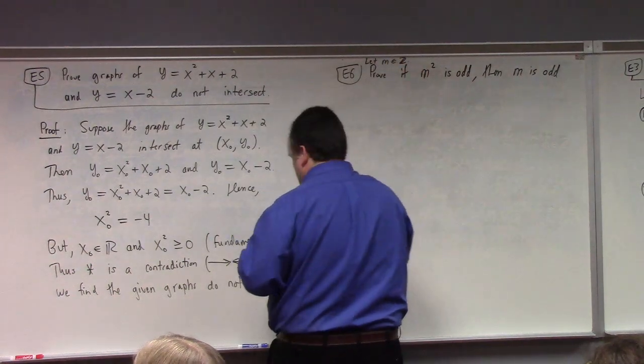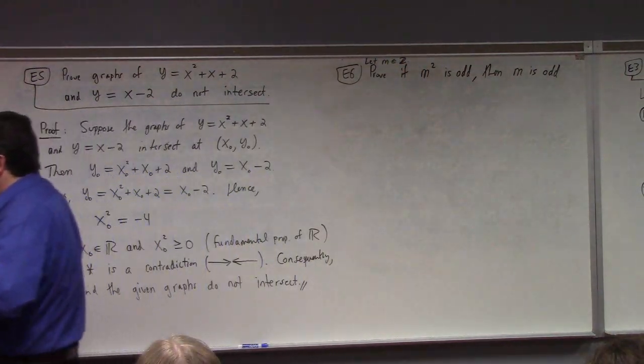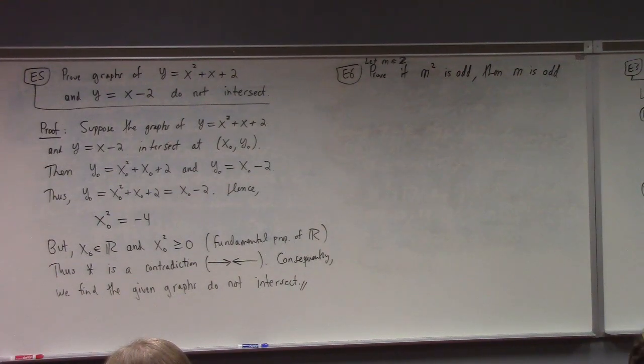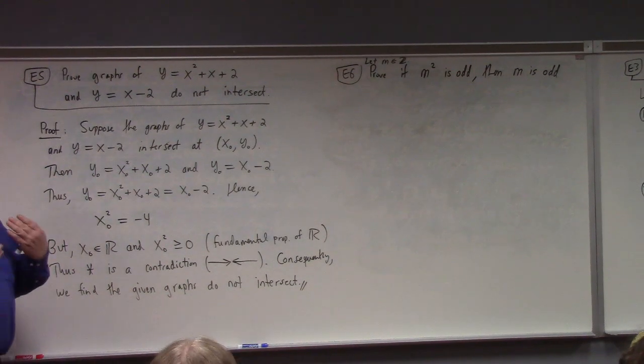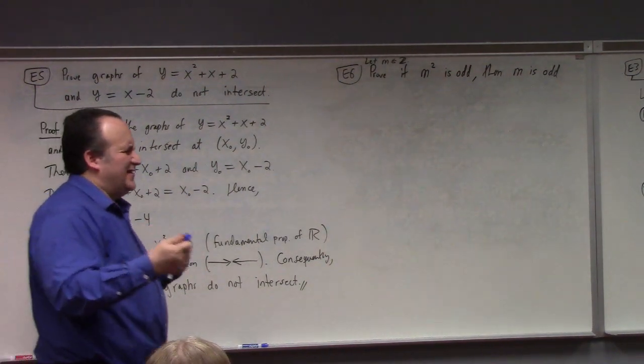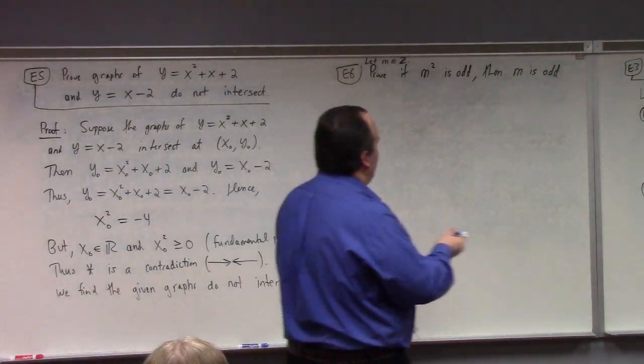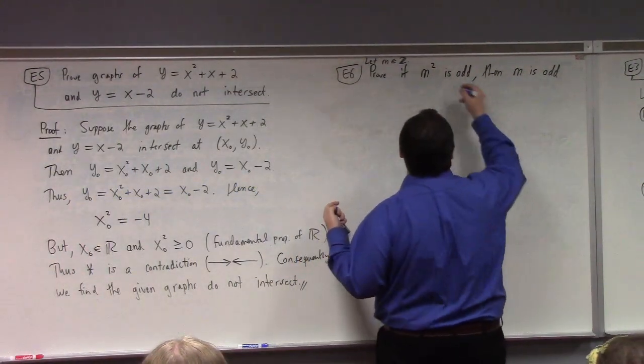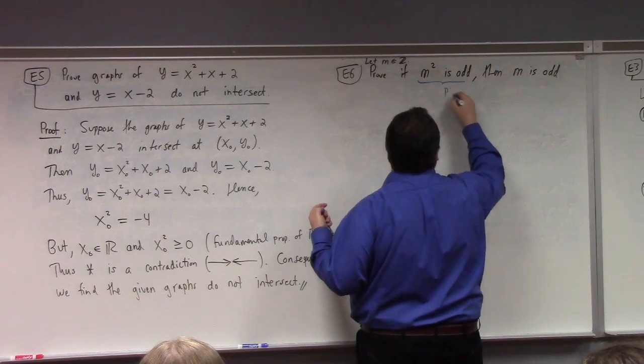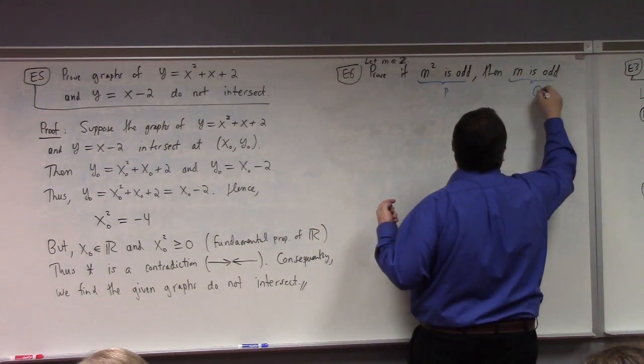So far today we've just done direct proofs, right? We did a proof by contradiction. Now I want to show you what's called proof by contraposition, right? Contrapositive. What's wrong with me? That's why I need to teach this class. So this is P, this is Q, all right?